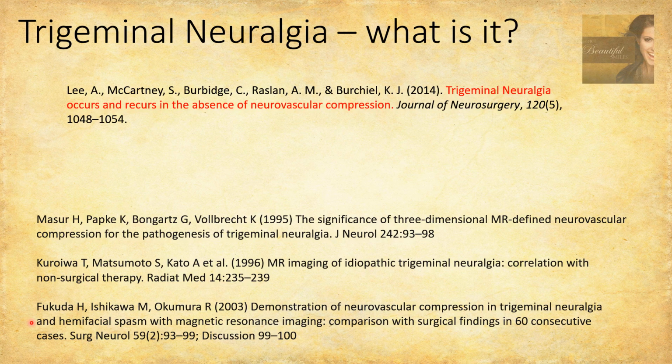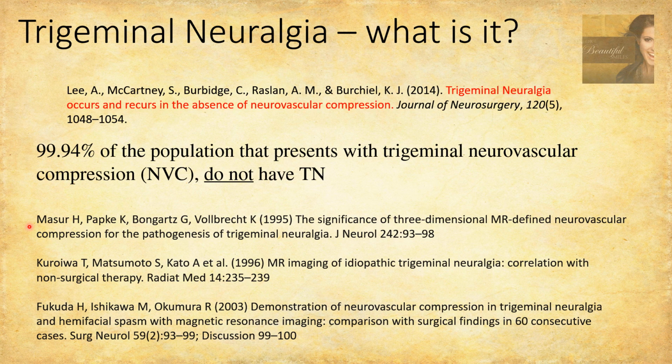They did MRIs on all of them, and they found people that don't have trigeminal neuralgia who had a vascular compression, and people that do have trigeminal neuralgia who don't. So there seems to be something that we're missing, and what could that be?